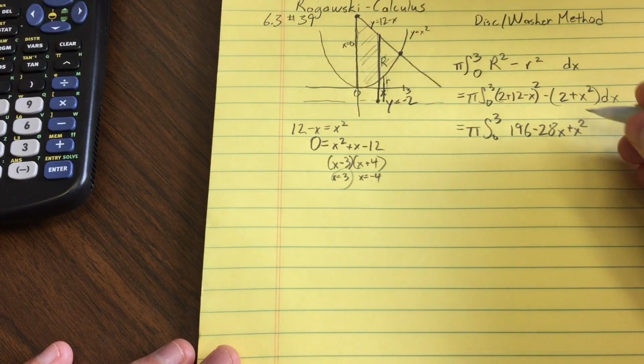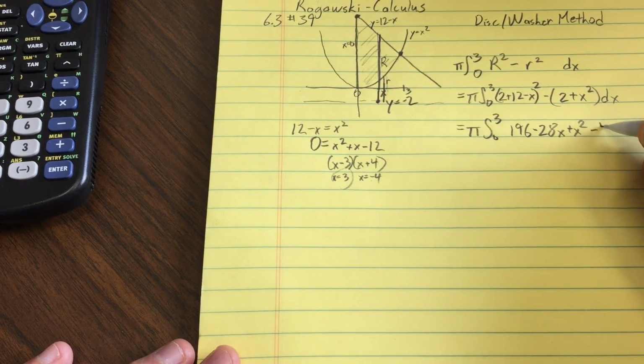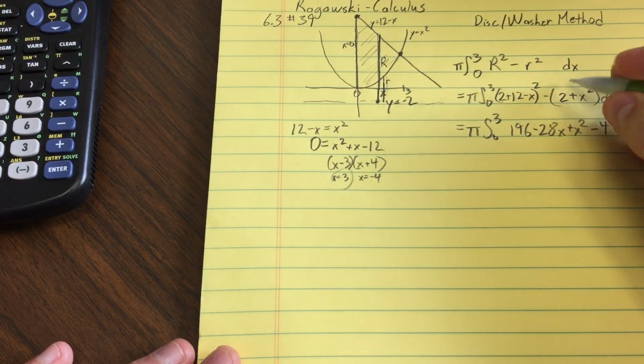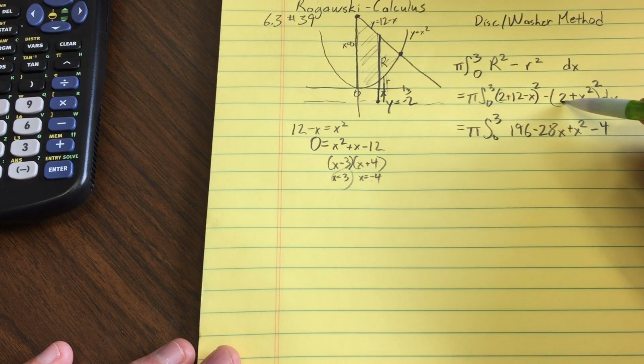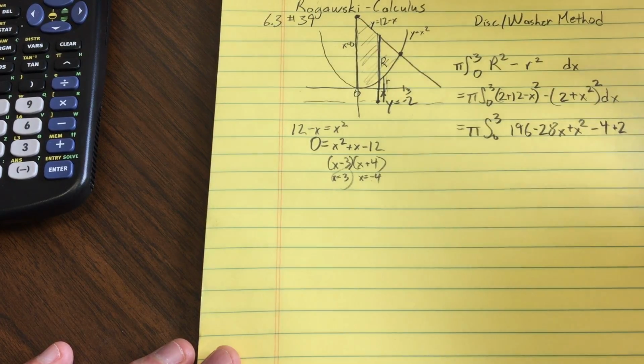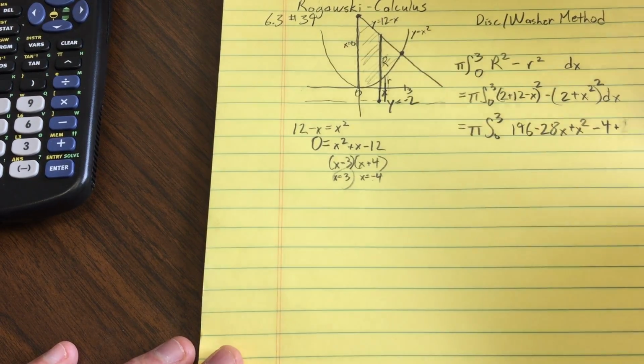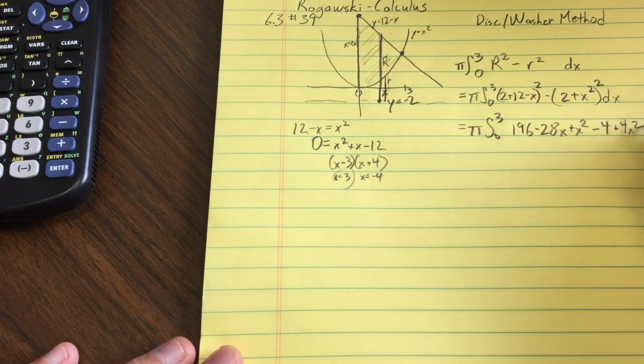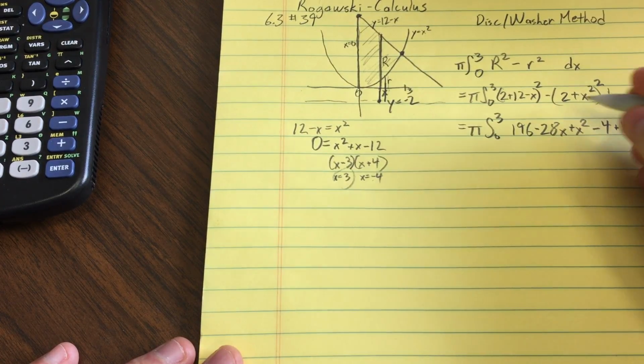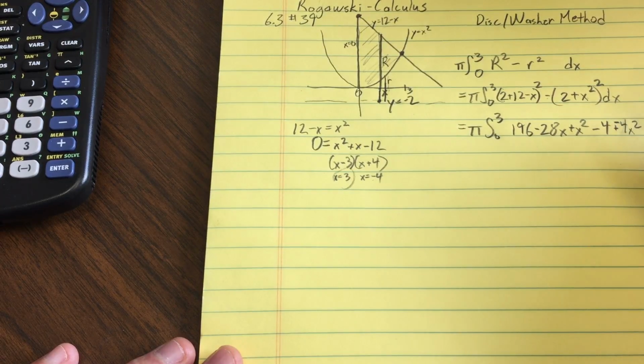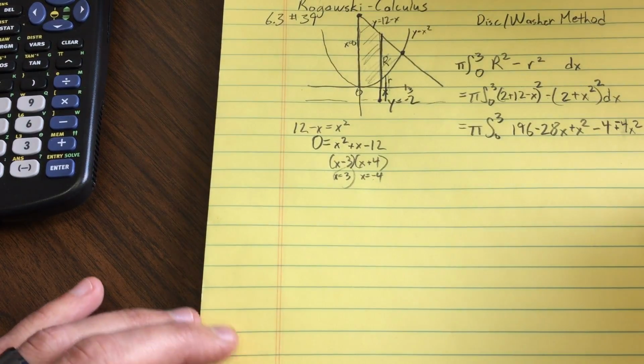Then, subtracting the squared inner radius, minus 4, then 2 times 2 times x squared gives 4x squared, and x squared times x squared gives minus x to the 4th. So we've beaten it nearly as simple as we can.